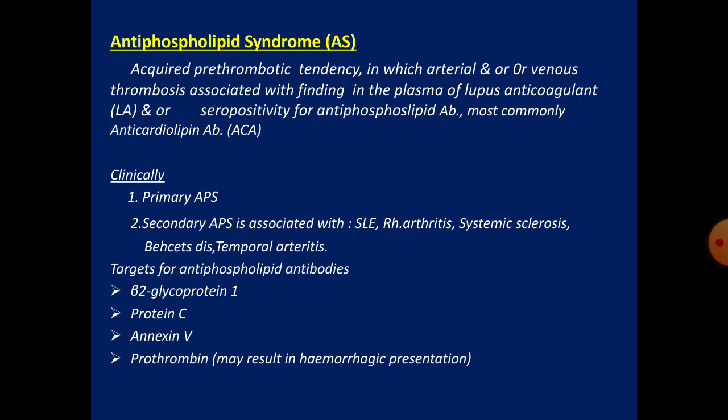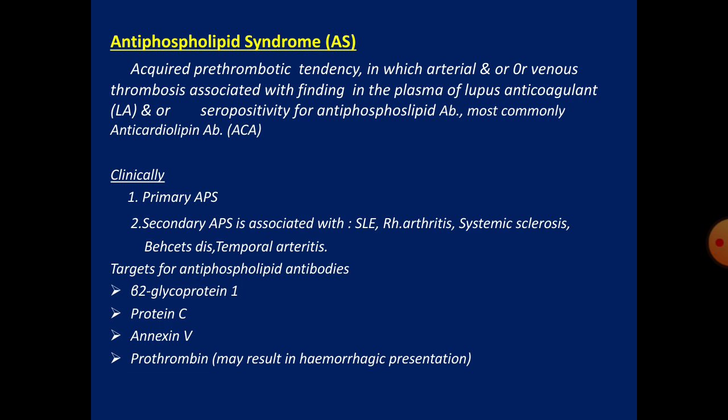These patients have an antibody that we call the lupus anticoagulant antibody. Clinically, these patients have either primary or secondary antiphospholipid syndrome, and the secondary form is related to systemic lupus erythematosus, rheumatoid arthritis, systemic sclerosis, Behçet disease, and temporal arteritis.